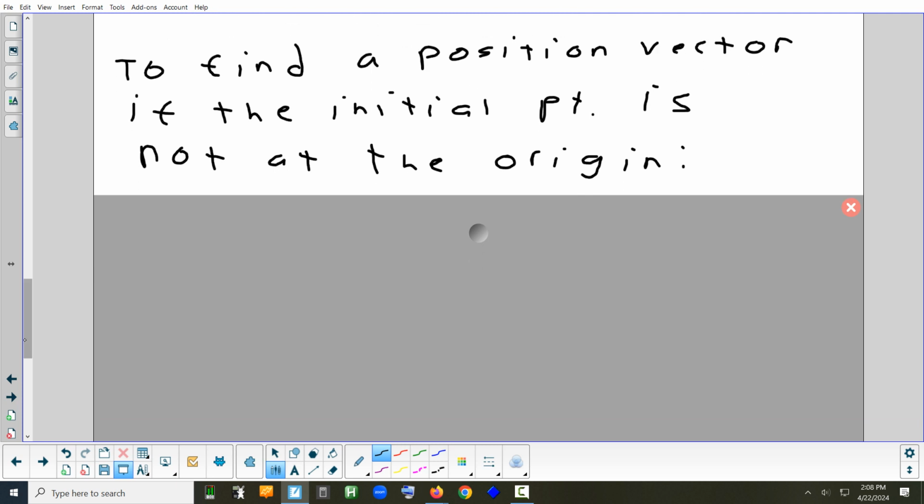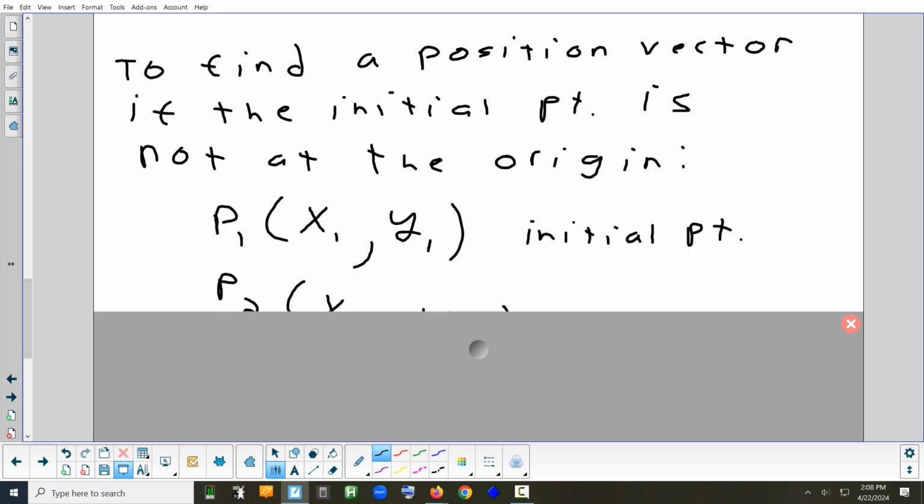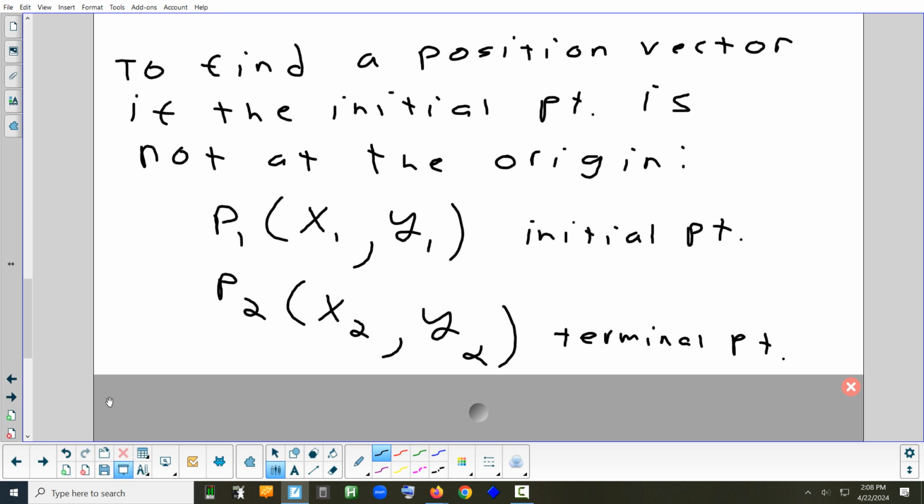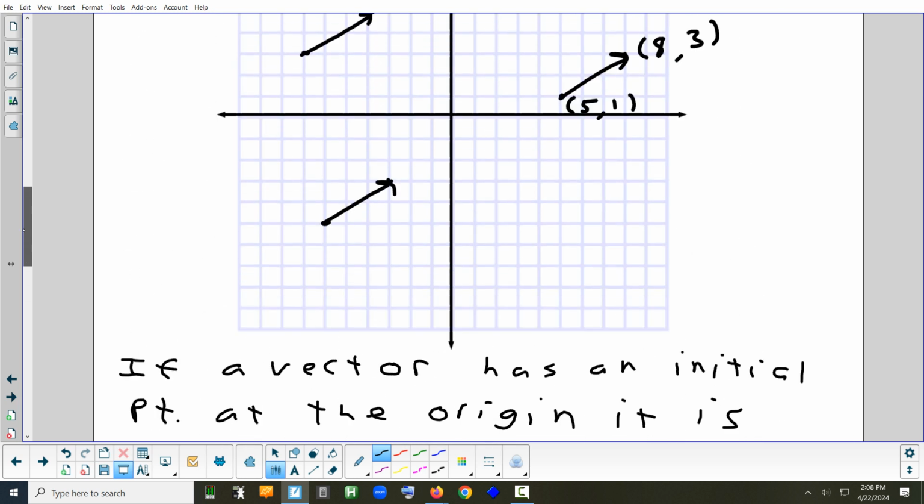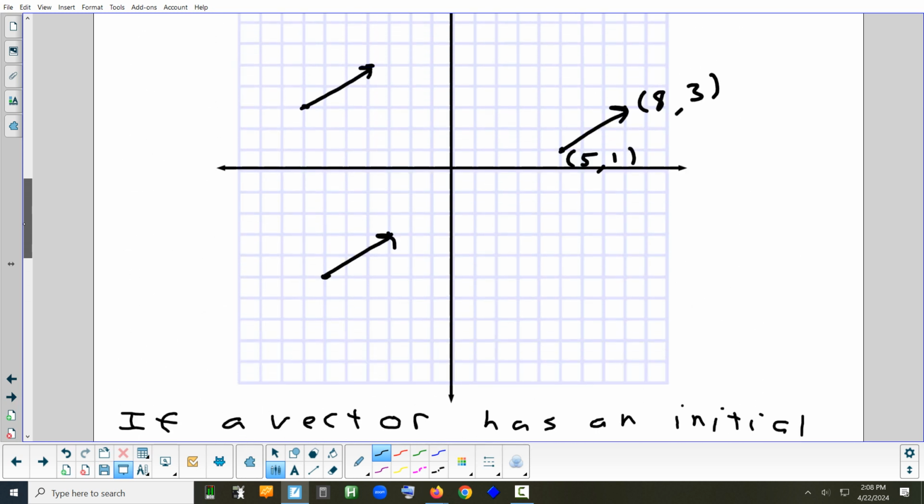So to find a position vector, if the initial point is not at the origin, they have to give you 2 points. If it's at the origin, it's already done. And they do have to tell you which one is which, because it makes a difference the order you subtract. You have to do terminal minus initial.